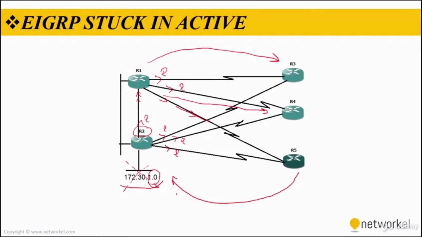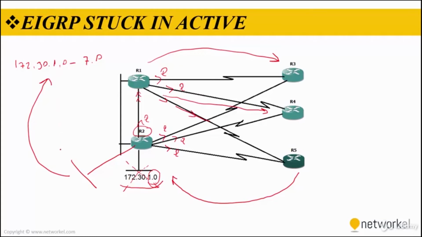Let's talk about first the EIGRP summary routes, and let's assume that networks between 102.70 are working behind router 2. And here, let's say that we have these networks.